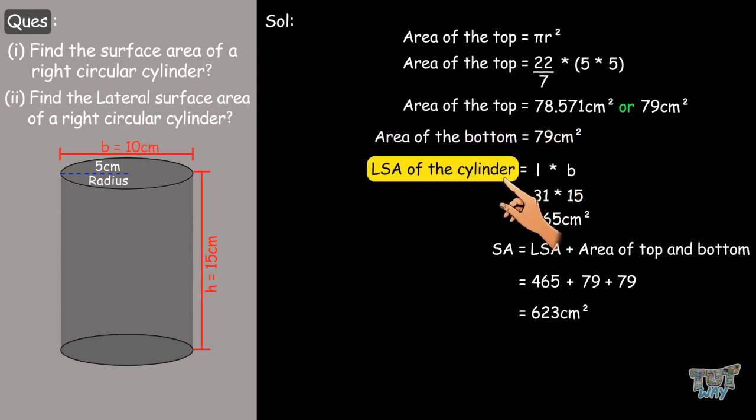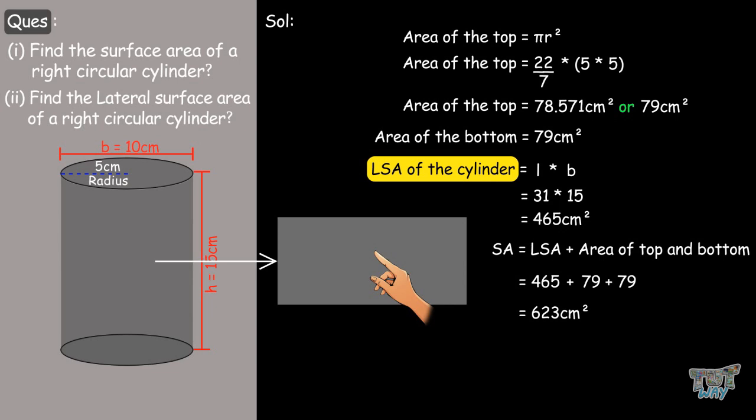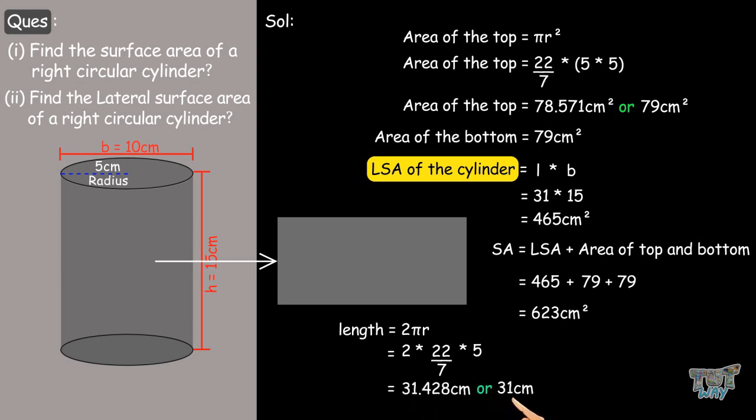Now lateral surface area is the rectangle, whose length will be equal to the circumference of the top, and the circumference is calculated using 2 pi r. 2 times 22 over 7 times 5, which is 31.428, or 31 centimeters. So length is 31 centimeters. Width is already given as 15 centimeters, which is the height of the cylinder.